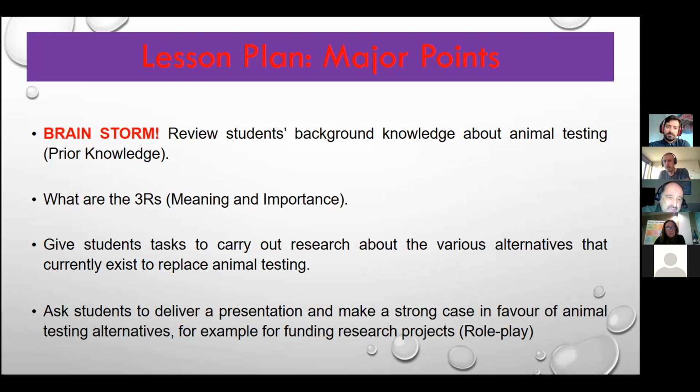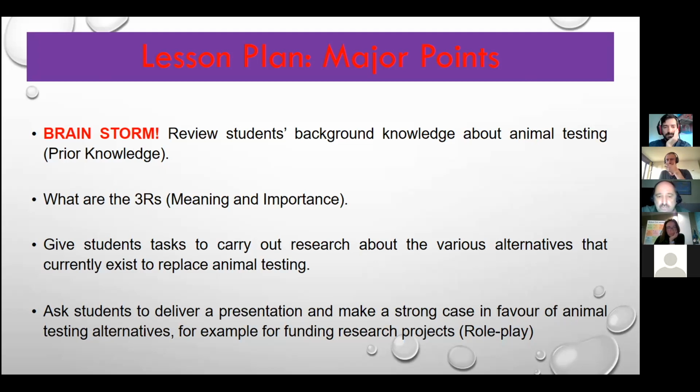Once that is done, the introduction to the 3 Rs is carried out. And then once they know what the 3 Rs are, a task is given to students. The task, more or less, is to have students in groups.